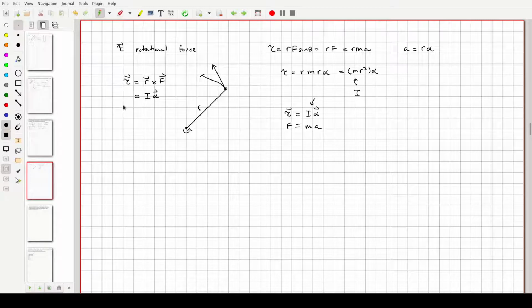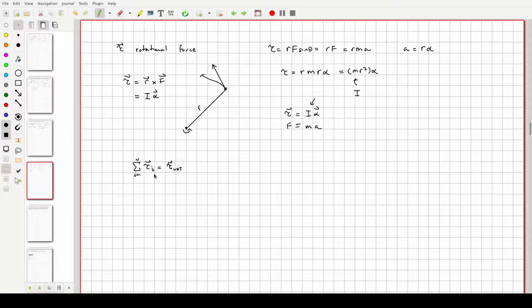Okay. Now, likewise, you can sum up the torques to get the net torque.